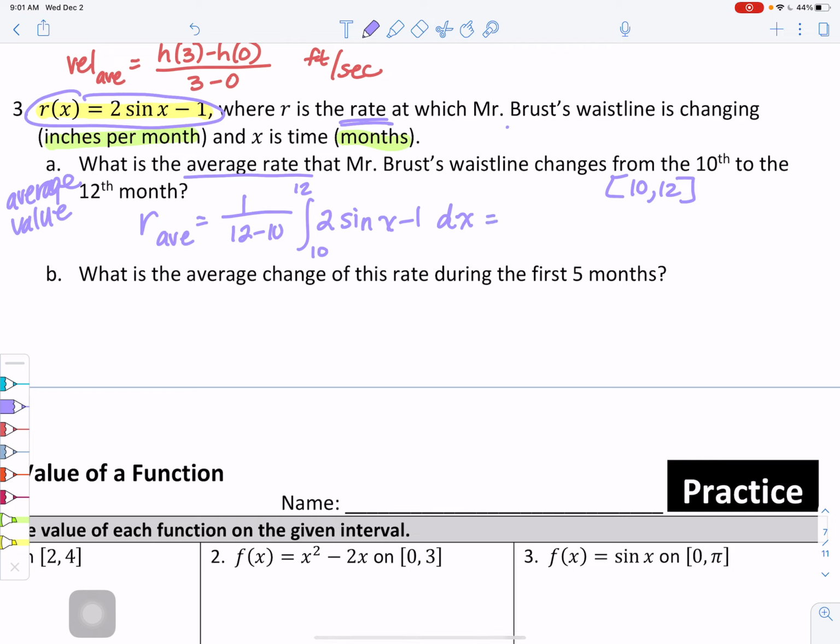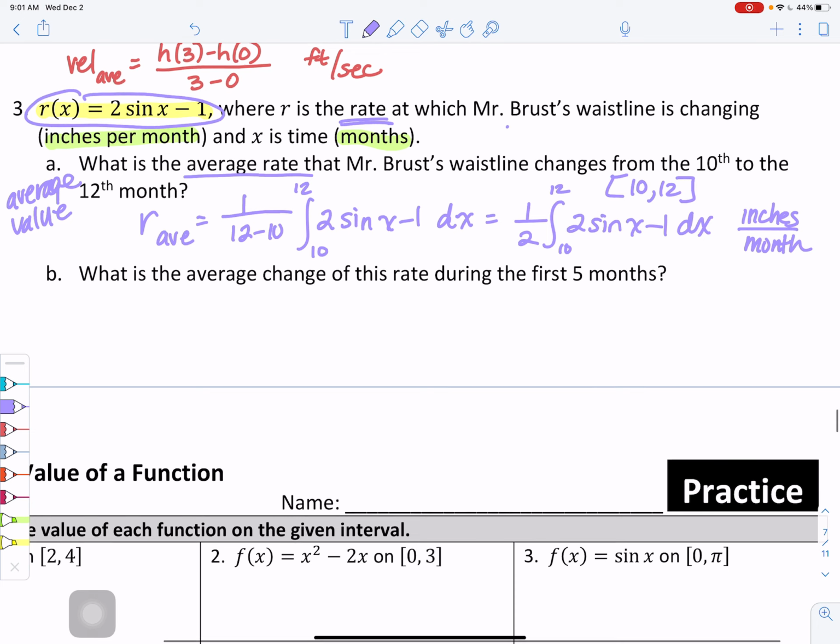And we can go ahead and simplify that as 1/2 multiplied by the integral from 10 to 12 of 2 sine of x minus 1 dx. And our units, now think about this, are inches per month, because those are the units given for r of x.